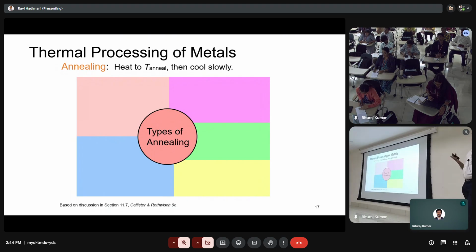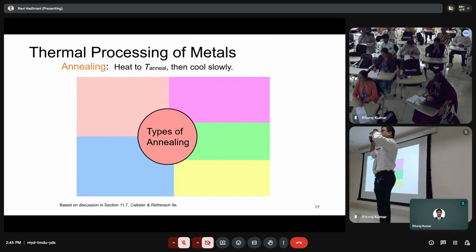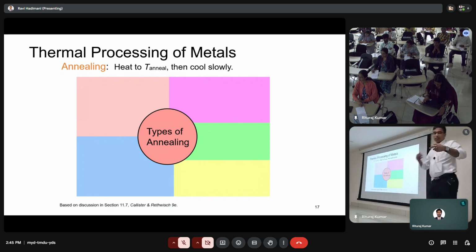But there are all types of annealings. If you want to recrystallize, or you want to refine the grains or refine the crystals, then you have to go up to 0.6 times the melting temperature. So annealing reduces the dislocation density because you give enough thermal energy for the dislocations to move, and opposite dislocations, clockwise vector dislocation and counterclockwise vector dislocation, annihilate when they meet.